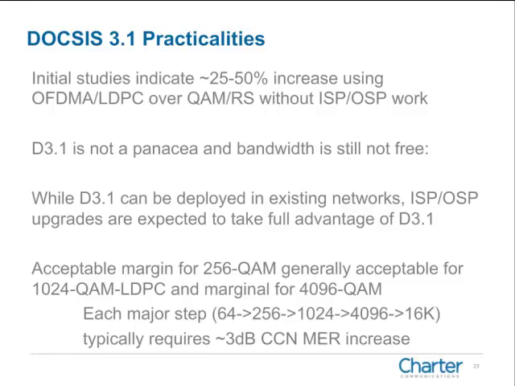Again, 3.1 will be deployed because it solves quite a few of these problems, and it buys us some time. Ultimately, though, in some of these areas that aren't necessarily in the best of shape, we're going to have to make a decision here because we're looking at doing a full plant rebuild to make DOCSIS 3.1 practical.